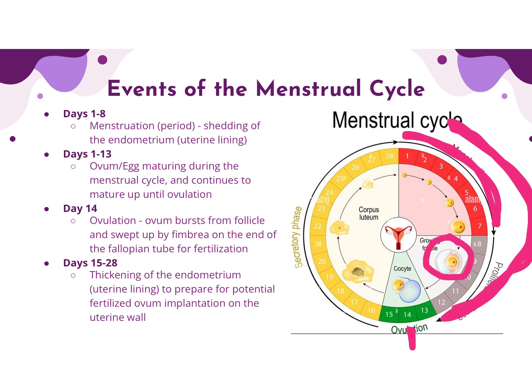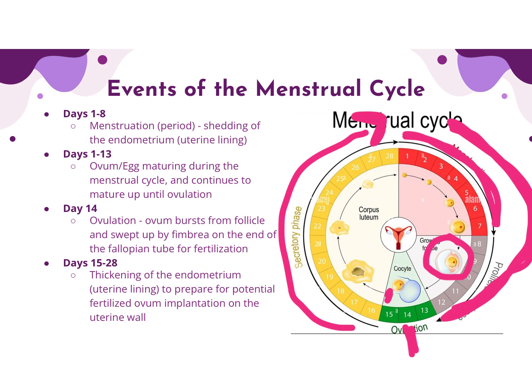Once we hit that middle of the cycle, so it's usually around day 14 for a 28-day cycle, that's when ovulation happens. So that ovum bursts from that follicle and is swept up by those fimbriae, those finger-like projections on the end of the fallopian tubes, into the fallopian tube for fertilization. After ovulation occurs, then we enter into the last phase of the menstrual cycle, which is that luteal phase.